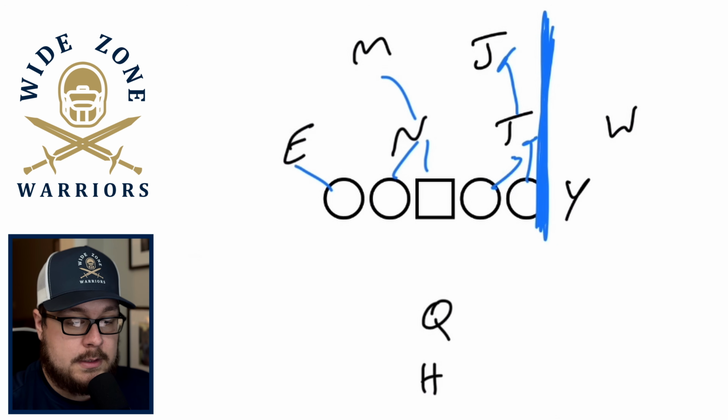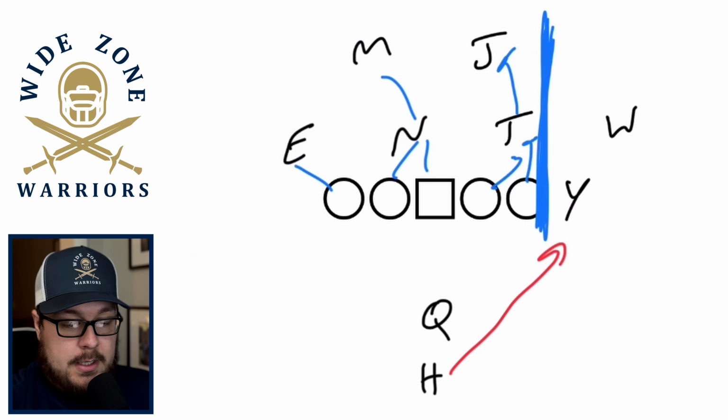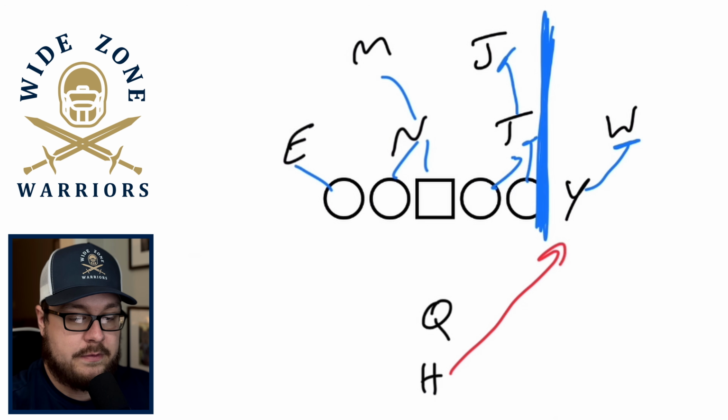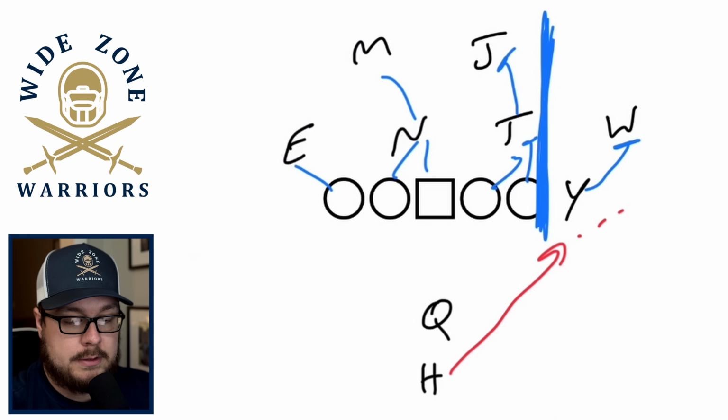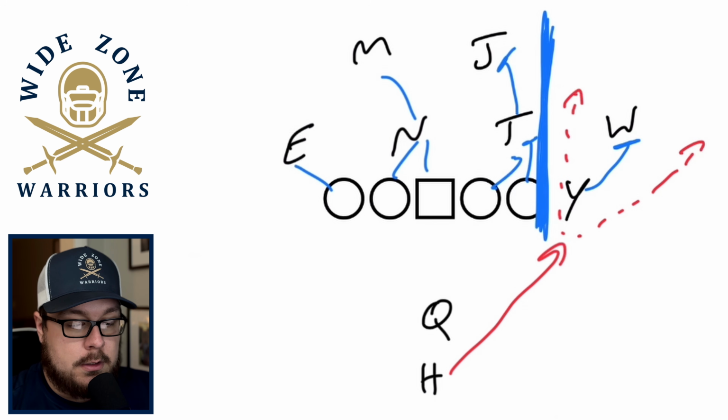If our wall is the C gap here and we're pressing the tight end area with the running back, essentially I just need him to read this block. I need him to know on his 5th step, are we bouncing it outside or are we banging it inside? It's on the offensive line to make sure that nobody gets across that C gap area.